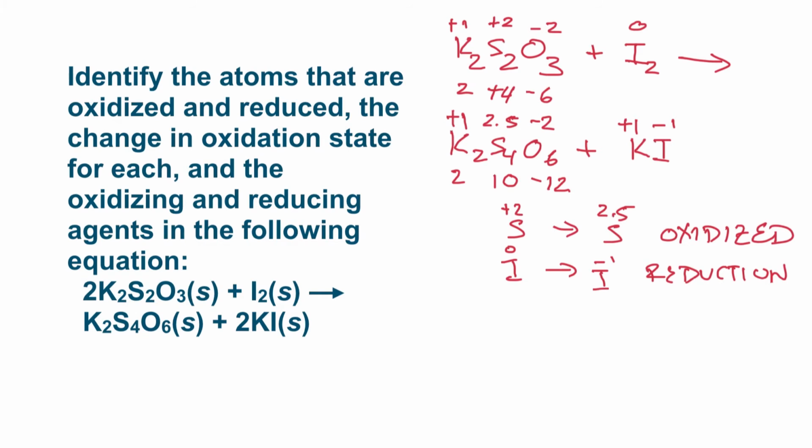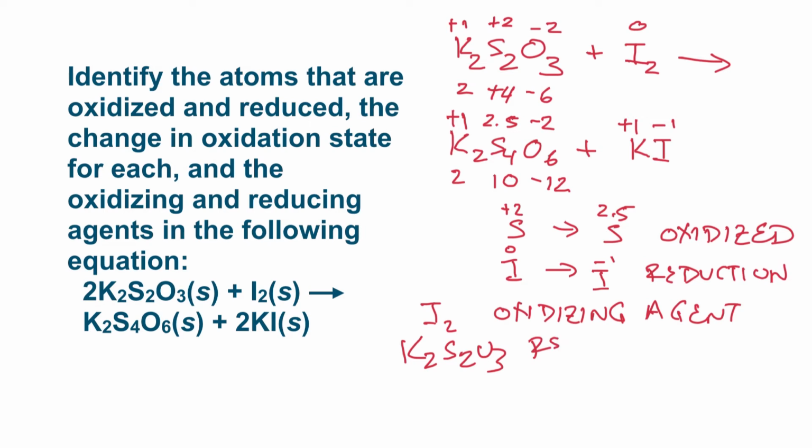So if I look at what's happening to the iodine, the iodine is getting reduced. That means that I2 must be the oxidizing agent, which means that K2S2O3 must be the reducing agent, which is causing the I2 to get reduced.